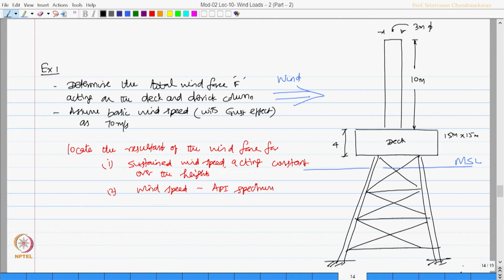And area projected, if you look at this figure, deck is 15 meter by 4 meter. So, this is the projected area.